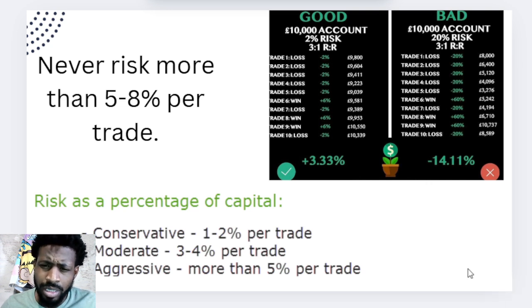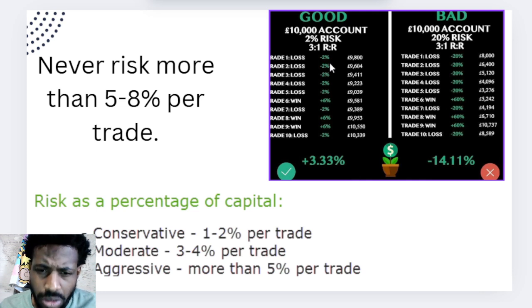Okay, so let's say you had $10,000 in your account, you're risking 2%, with a 3 to 1 reward to risk ratio. Let's say you lose 3 trades in a row, 4 trades, 5 trades in a row, and you're only risking 2%. You're not losing that much, as you can see.